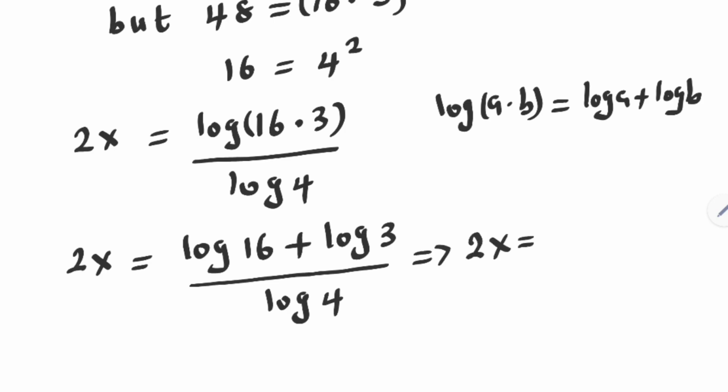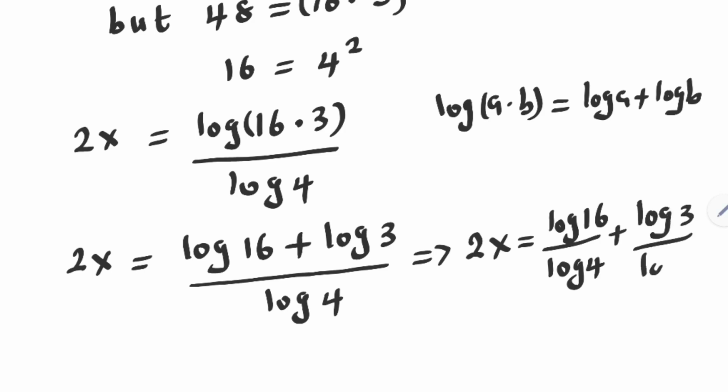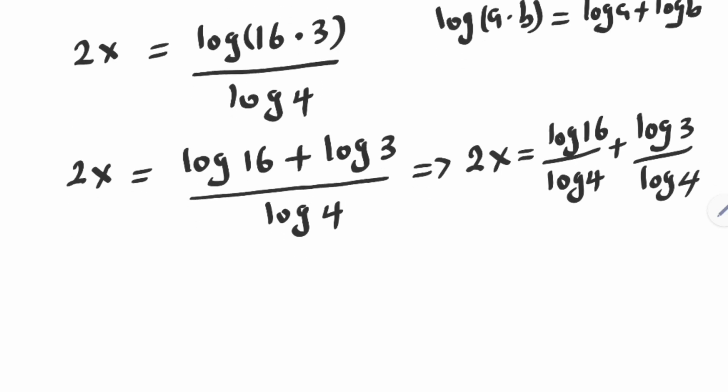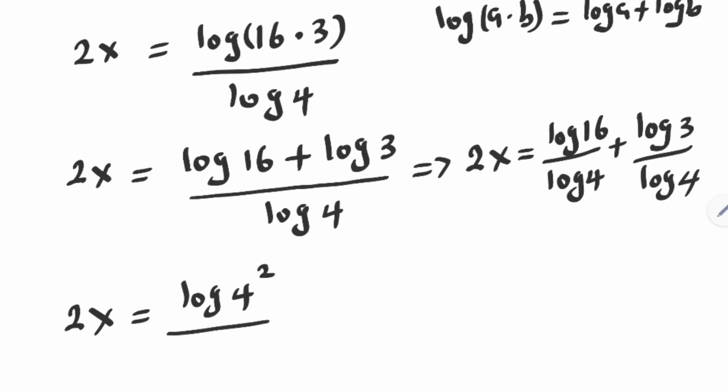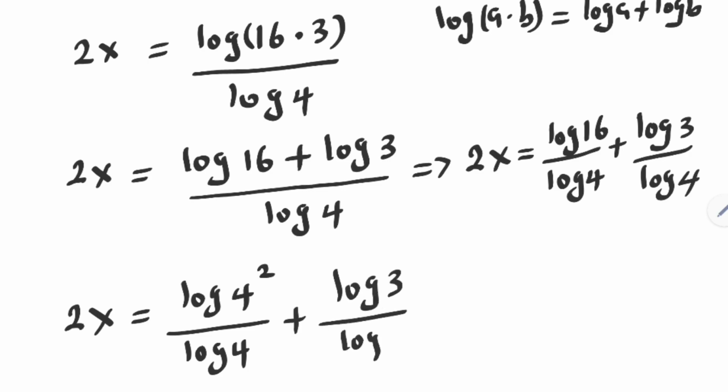If you split the numerator and the denominator, we have 2x is equal to log 16 divided by log 4 plus log 3 divided by log 4. Then log 16 can be written as log 4 square divided by log 4 plus log 3 divided by log 4.